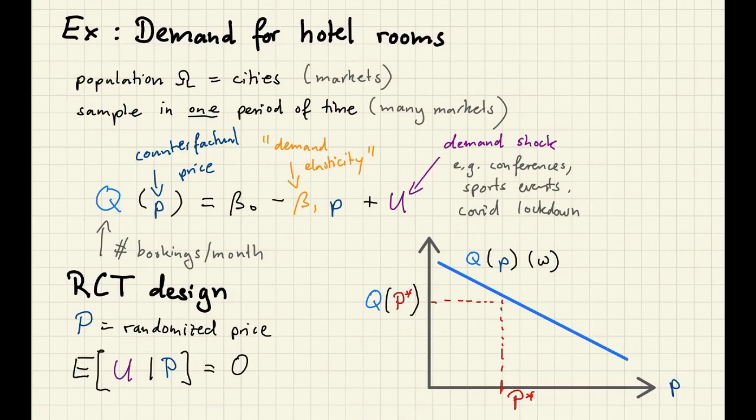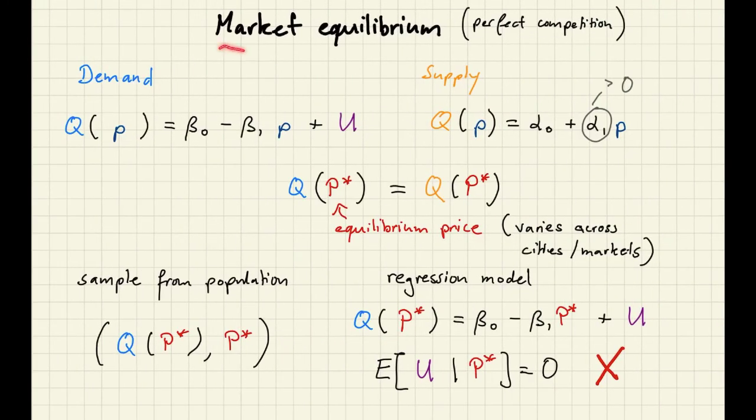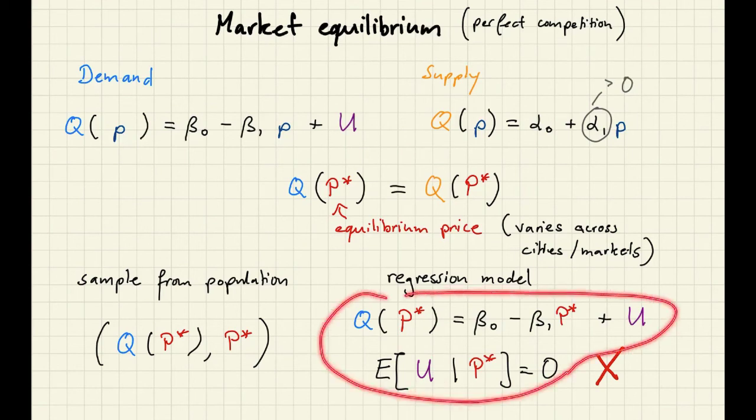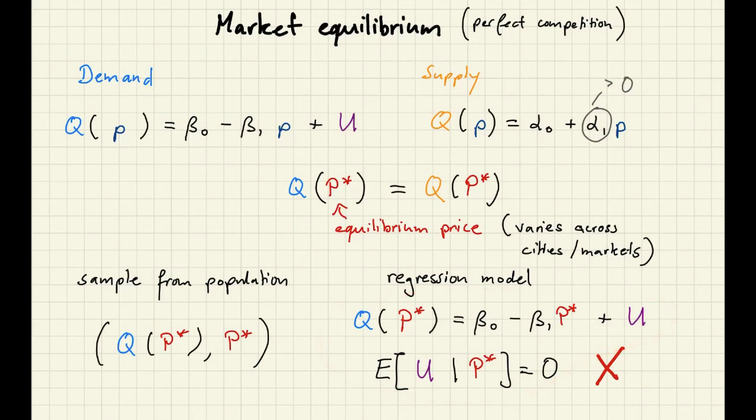In this video, I have shown that due to the mechanics of market equilibrium, the equilibrium price will always be informative about the level of the demand shock. And therefore, the exogeneity assumption for OLS estimation fails. We have an endogeneity problem.